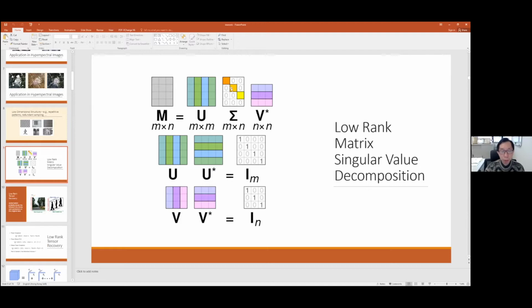This is very important because it means we only need to discover these bases and the corresponding weighting in the singular values. So this forms a very fundamental tool in the so-called low rank matrix completion problem.